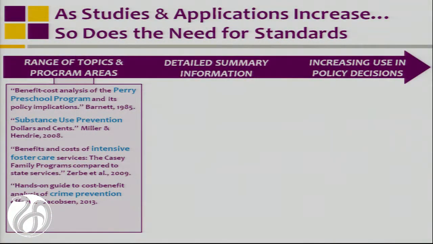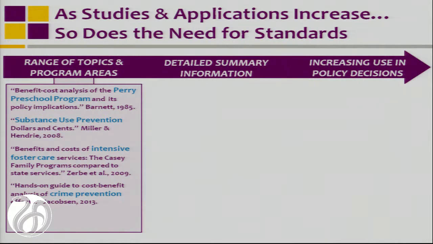But as the number of studies and applications has increased over about the past 2 decades, I think there's also an increased need for standards, and I want to illustrate that in 3 ways on this slide. So first, there's an increasing range of topics and program areas that are the subject of benefit cost analysis.